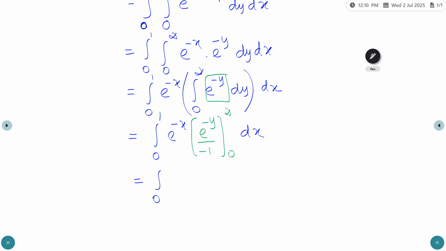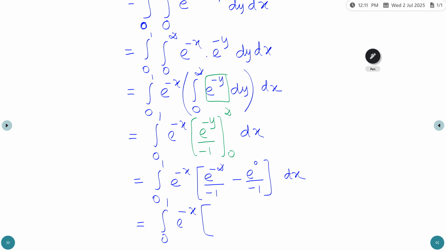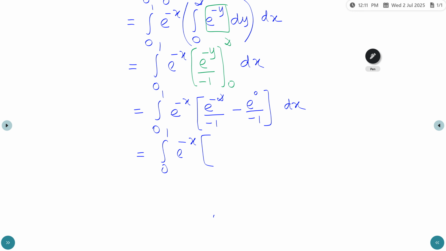Integral 0 to 1 e power minus x. Now we need to substitute the limits: e power minus infinity by minus 1 minus e power 0 by minus 1, into dx. As we know, e power minus infinity value is 0, and 0 by anything is again 0.